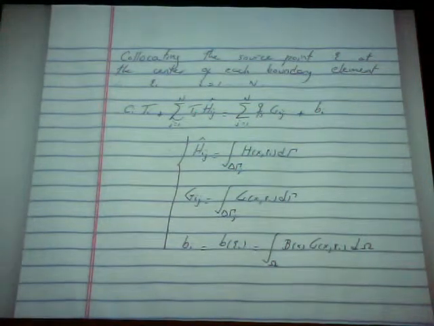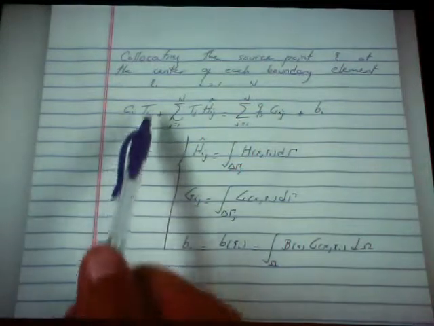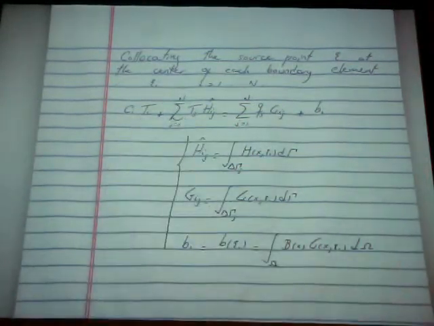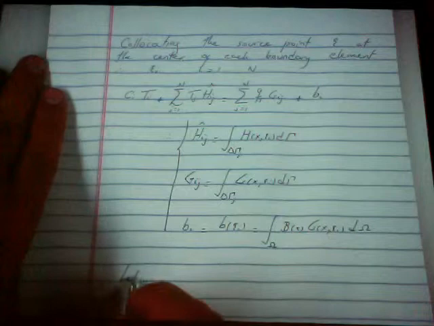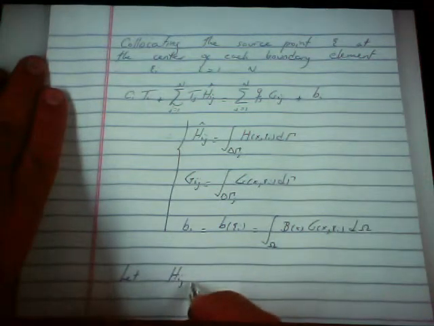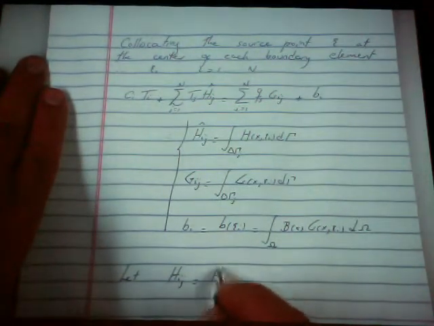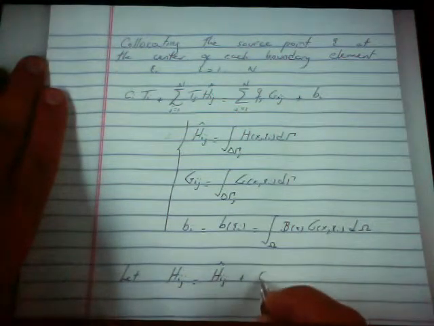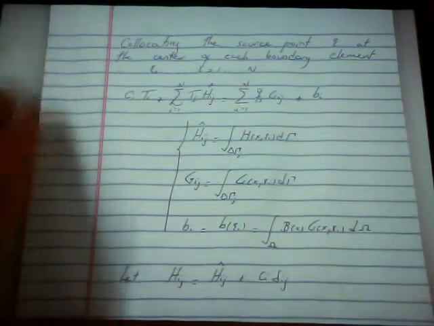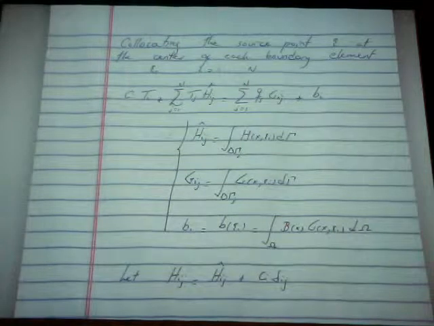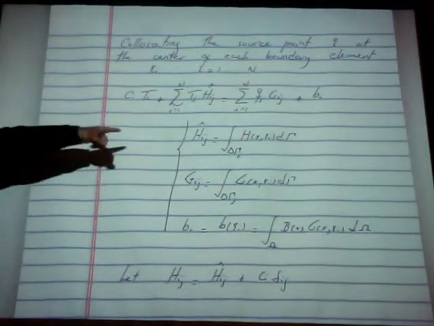Alright? So again, we're going to combine these with these. So we're going to let Hij be equal to Hij hat plus Ci times the Kronecker delta, the identity matrix. So you're just basically going to add Ci to the diagonals of H hat.